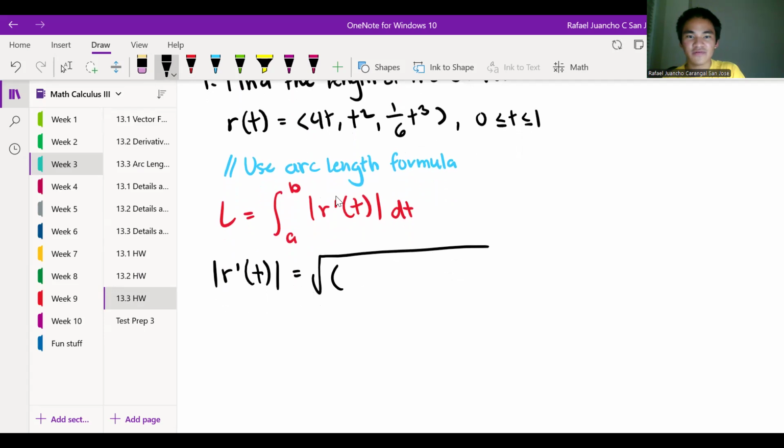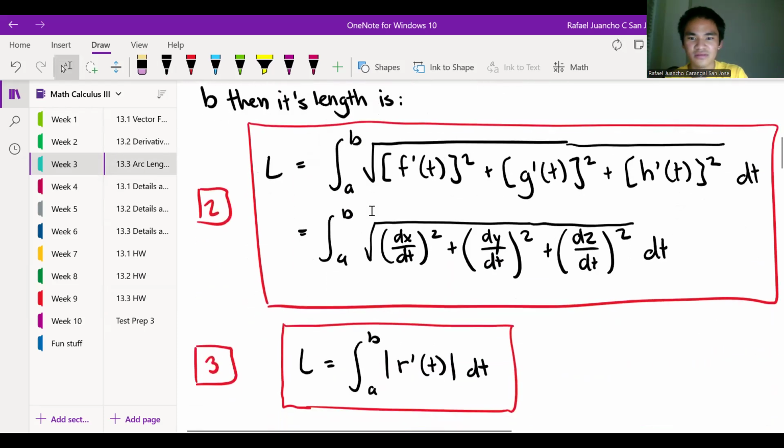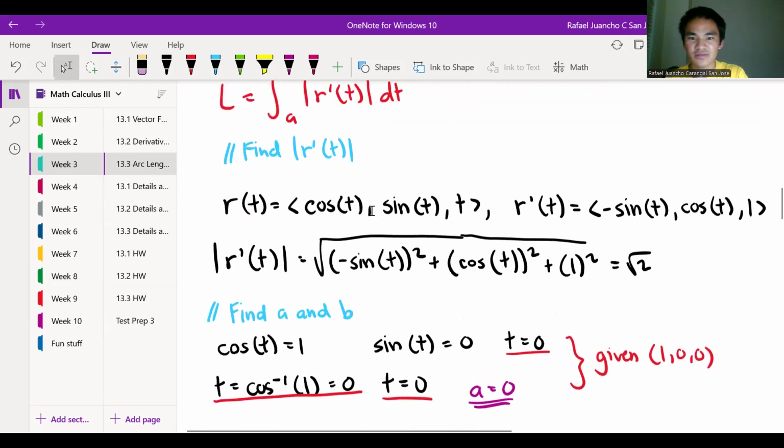So I get the derivative of 4t, so that's 4, plus the derivative of t squared, so that's 2t. For a length, I'm supposed to get a number, right?